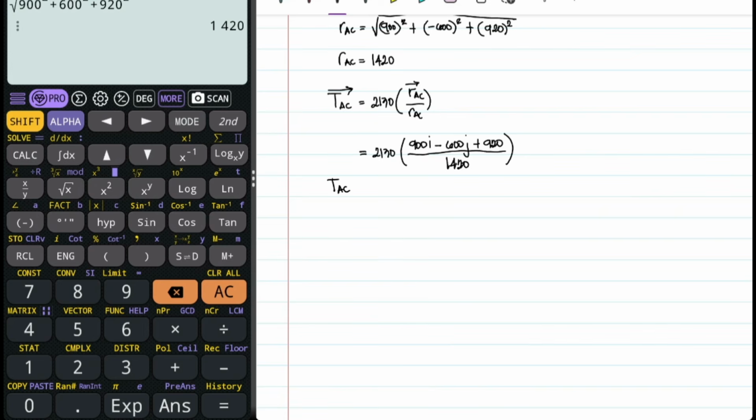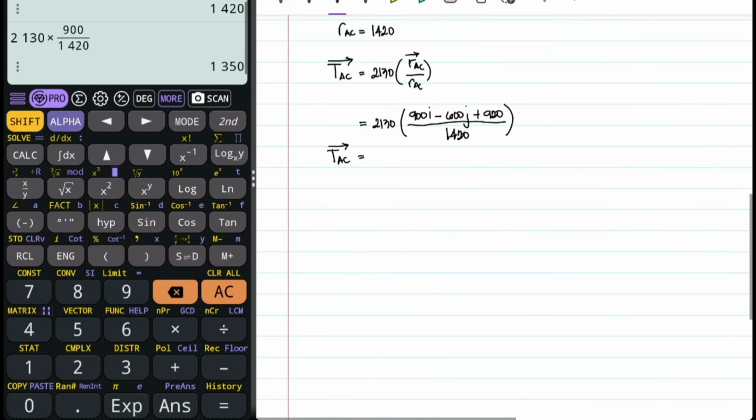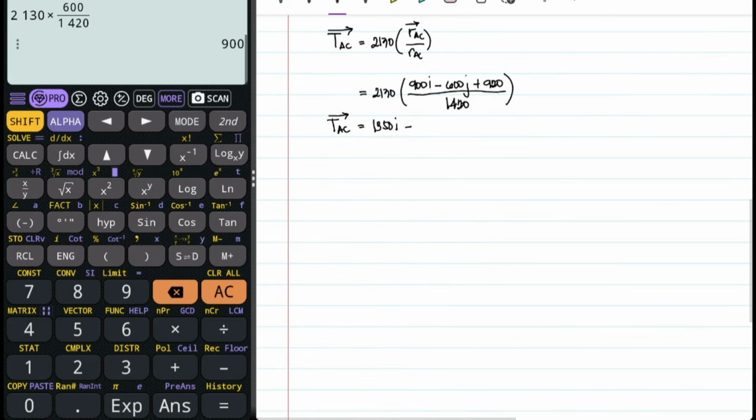Since we are dealing with whole numbers, we can immediately solve this. 2130 times 900 over 1420 gives us 1350i. Next, 2130 multiplied by negative 600 divided by 1420 gives us negative 900j.